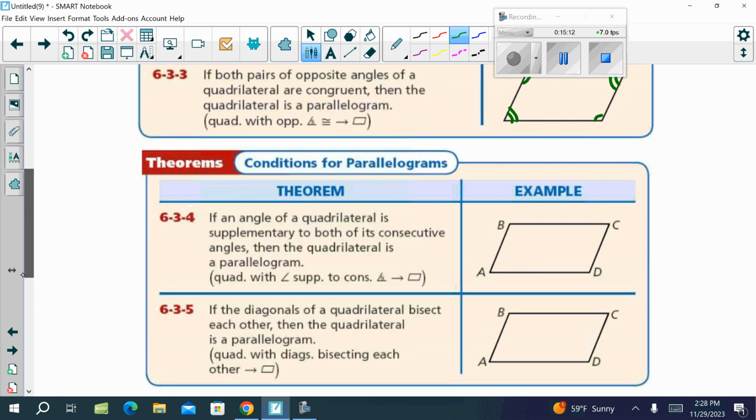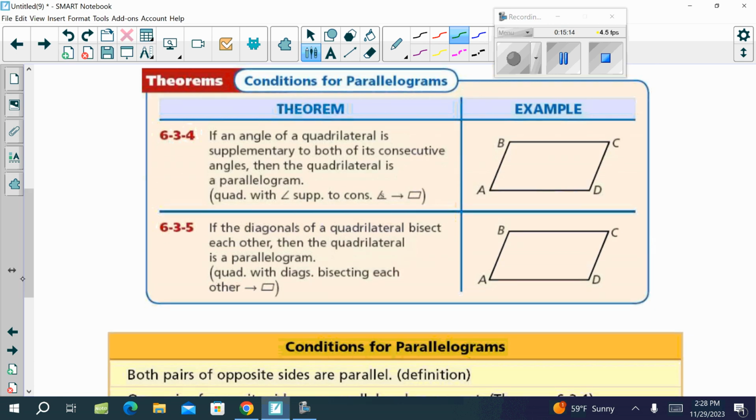And the last two, if a quadrilateral says the consecutive angles. So if we've got an angle measure here, and then an angle measure next to it, that's 180 minus it, and an angle measure on the other side next to it, then I can say that's a parallelogram.